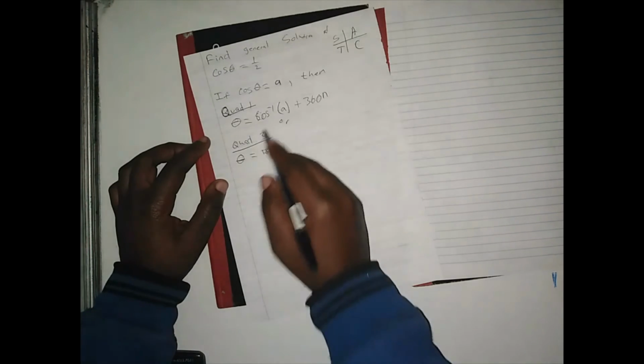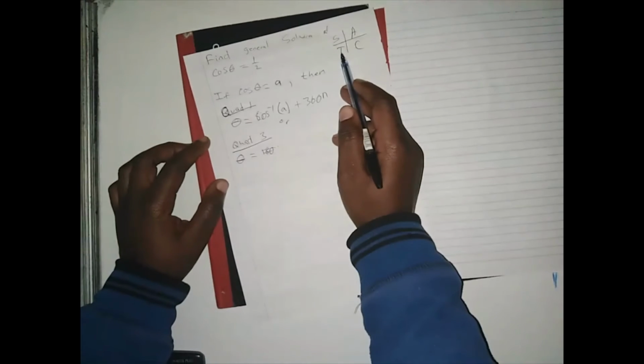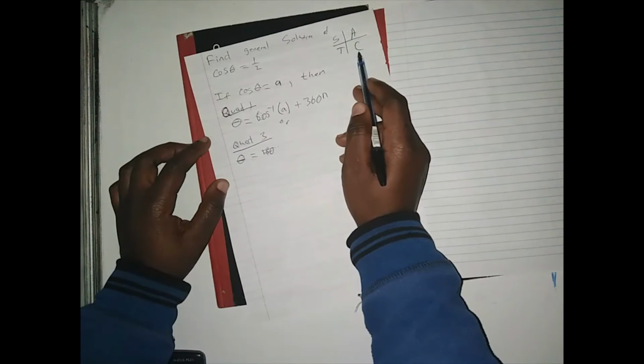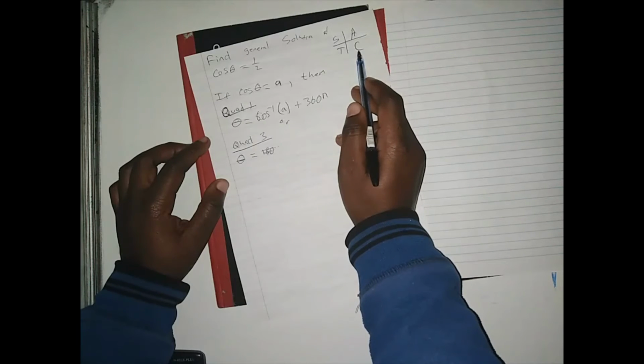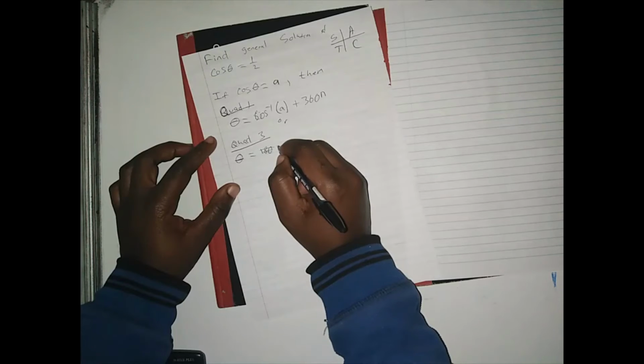No, guys. We are talking nonsense. It's not quad 3. Cos is not positive in quad 3. It's positive in quad what? In quad 4. So theta is going to be, in quad 4, you've got 360 minus.